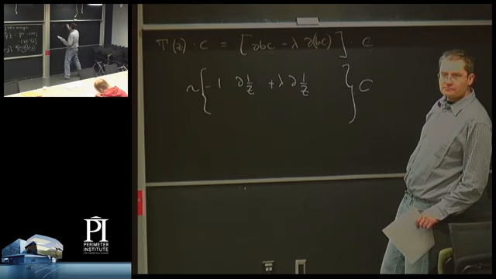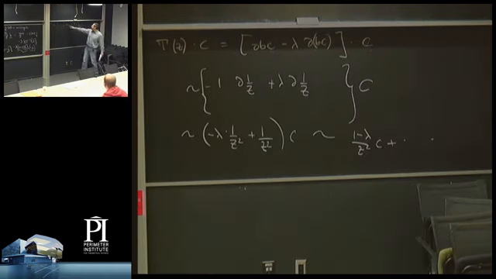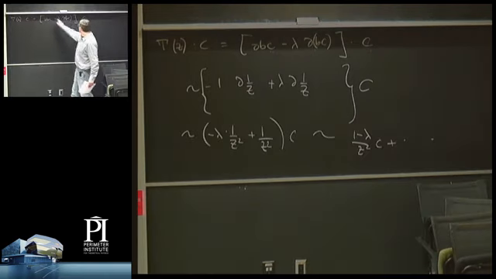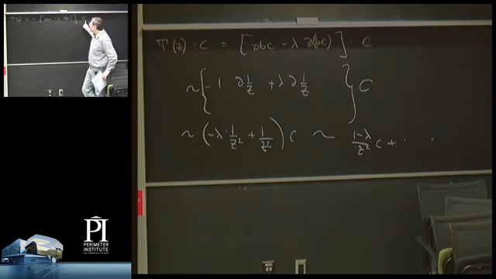I have again del B C minus lambda del B C, okay? And then I have to contract it with C. Well, you can see that the contraction comes with del B and C, right?